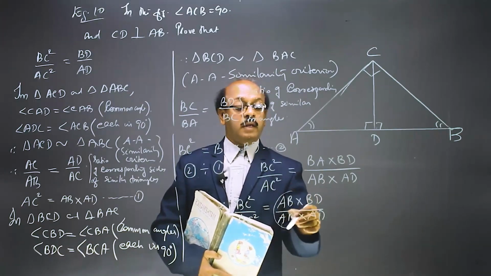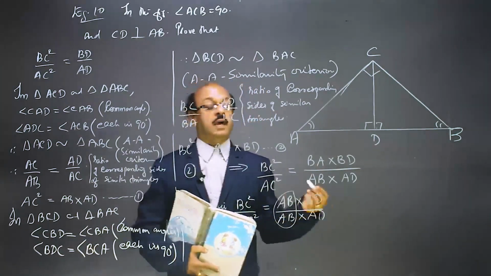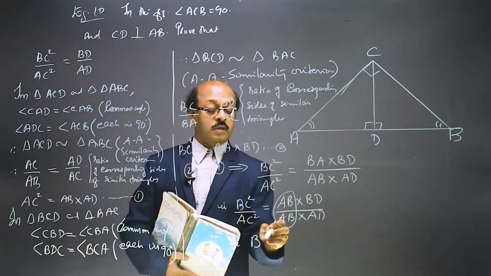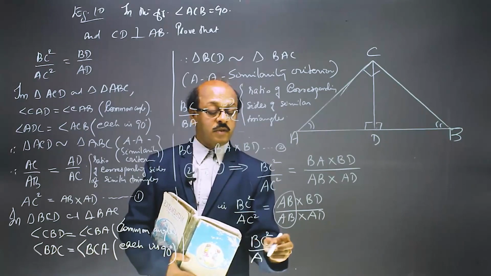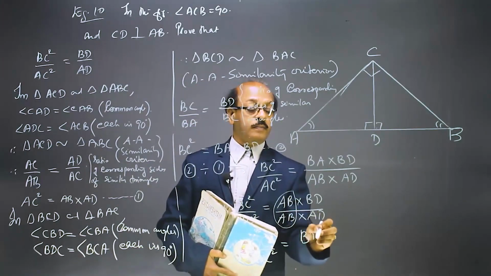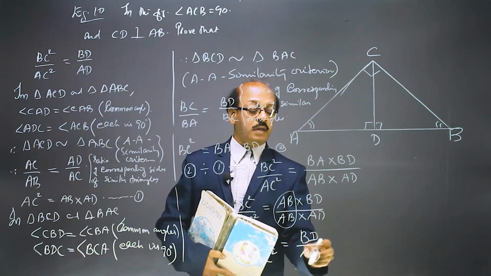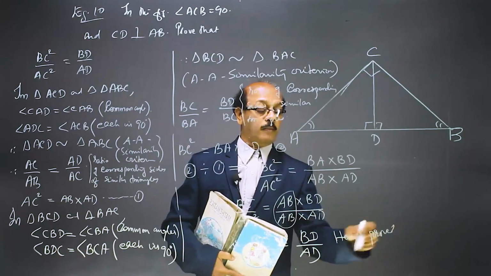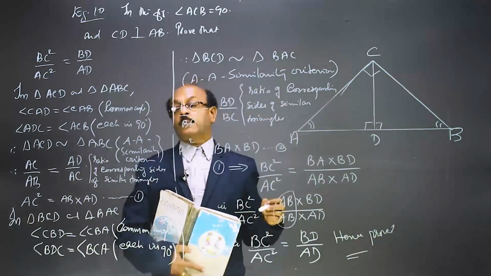Now AB and AB get cancelled. So the remaining is BC square by AC square is equal to BD by AD. Hence we proved the result. This was the thing which we had to prove.